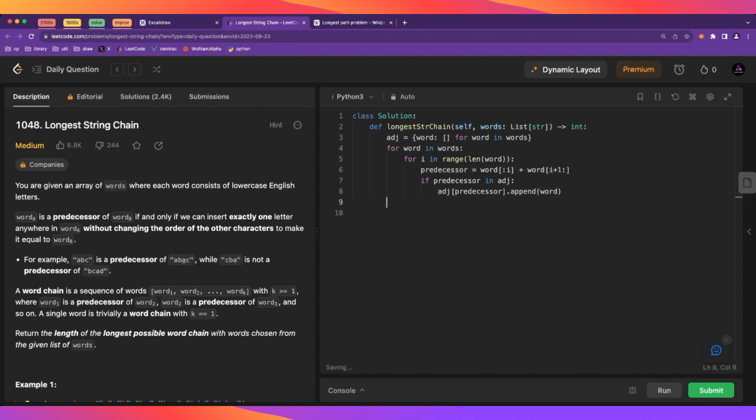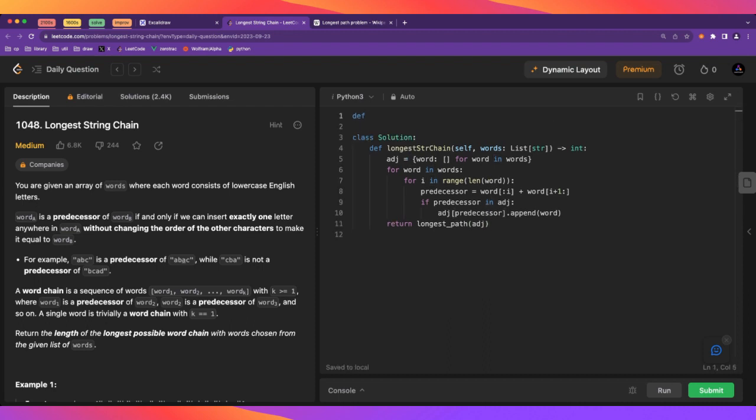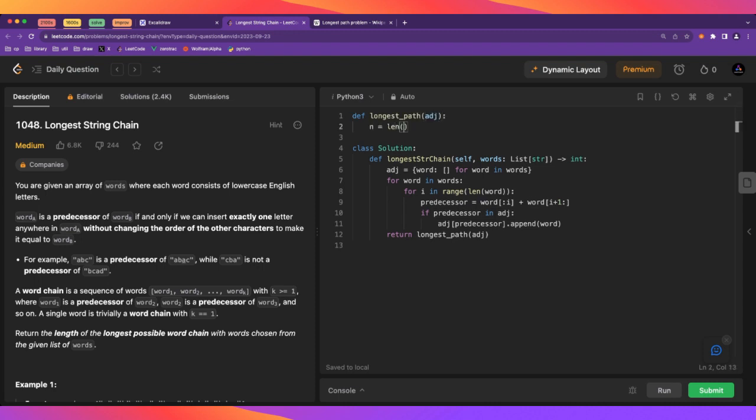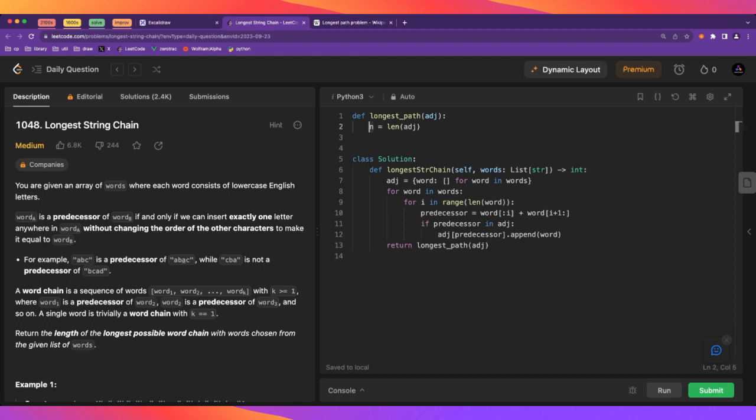So now we have created the adjacency list representation of the graph. We have constructed the graph, and let's use a helper function so that we decompose the problem clearly in the code. So the longest path of the graph.